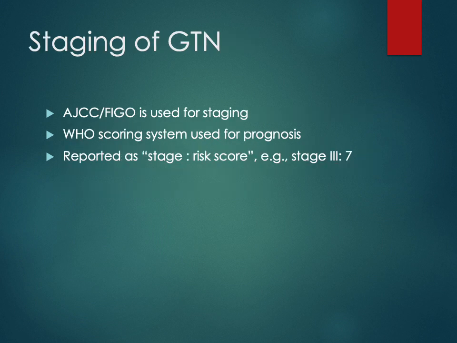So we stage GTN. Essentially, it's kind of the simplest staging. So either confined to the uterus or outside the uterus, stage 1 and 2. Stage 3 is just lung mets, and then stage 4 is mets elsewhere besides the lung. And so we report it as the stage and then a risk score.